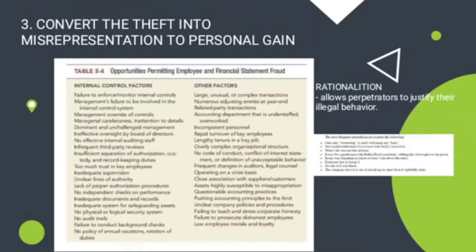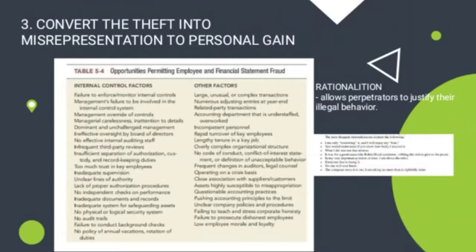Management permits fraud by inattention or carelessness. Management commits fraud by overriding internal controls or using a position of power to compel subordinates to perpetrate it.